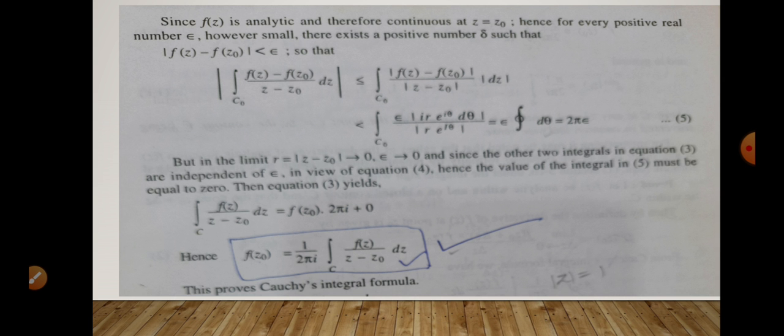But in the limit r equals |z minus z0| tends to 0, epsilon tends to 0, and since the other two integrals in equation 3 are independent of epsilon, and in view of equation 4, the value of the integral in equation 5 must be equal to 0.